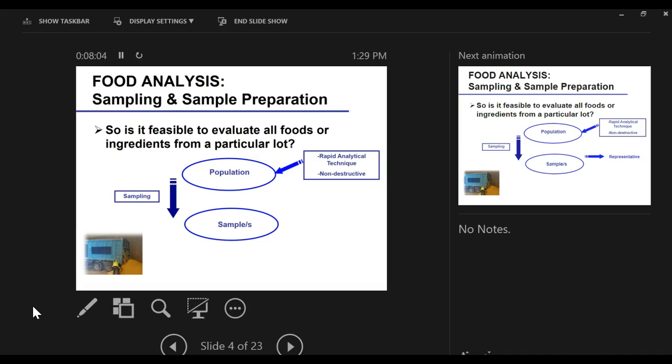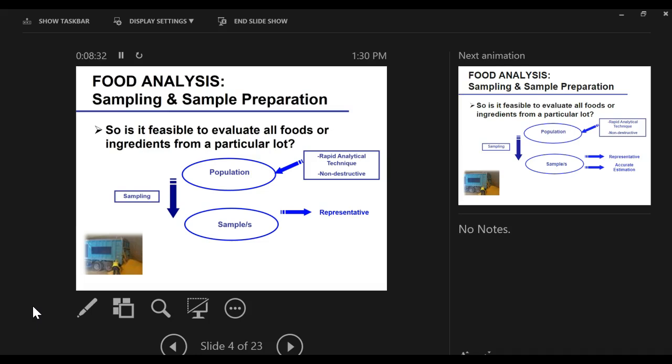So you take samples out of your entire population and you want them to be representative of the entire population. That means when you do the measurements, you want to be confident to say the entire population is acceptable or the entire population is not acceptable. So the samples you select are representative of the population.